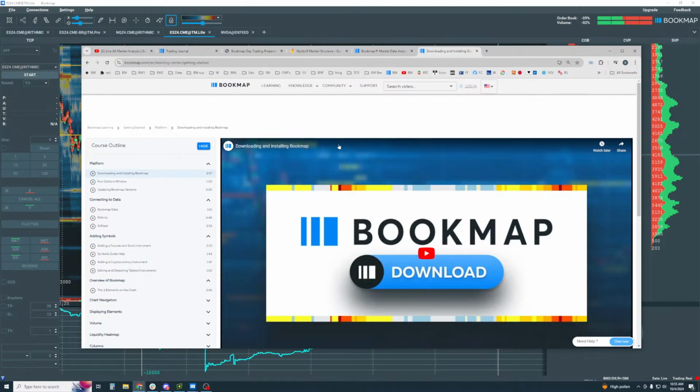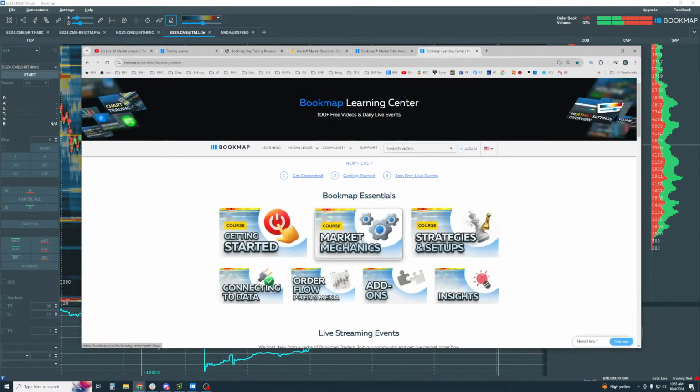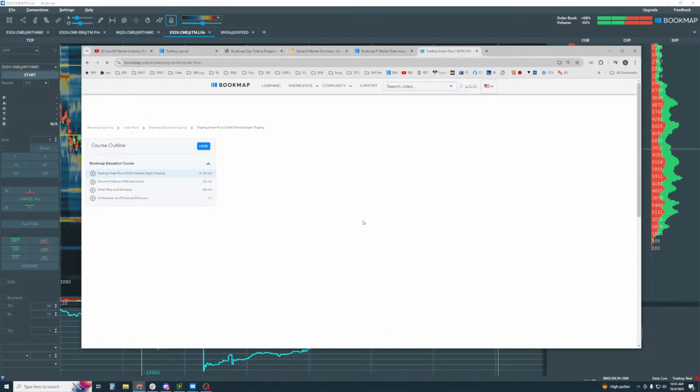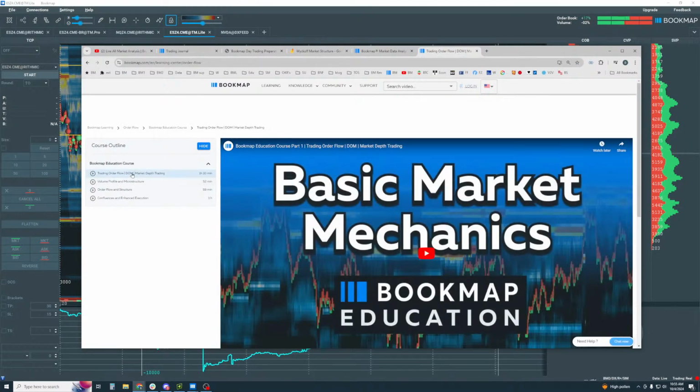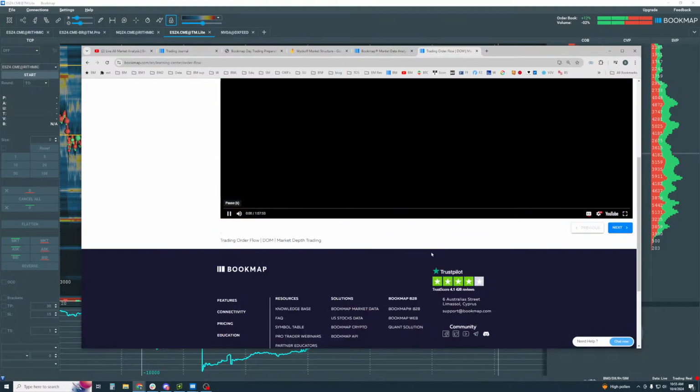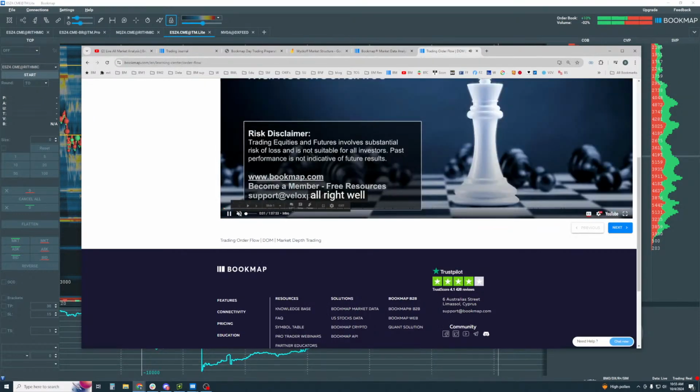Now, this is important because it's how to use Bookmap, how to read it and use it. The next course here is what I would recommend. At least start with part 1 of the basic market mechanics. This is important. And why is it important? Because it will show you how these markets work, what we kind of covered earlier, and it's essential to understand that.